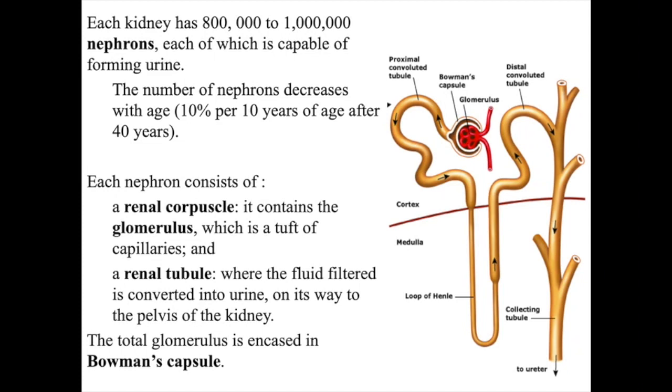The word filtration has not changed its meaning since we spoke about it in the cardiovascular system. So filtration represents fluid coming out of capillaries. So the glomerulus is a capillary system. Fluid will exit into the Bowman's capsule.